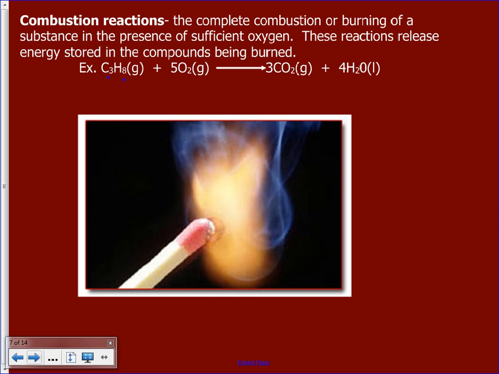So anytime you have a compound that has carbon and hydrogen in it reacting with oxygen, you're burning something. You're burning it, and you are producing what is produced in every single combustion reaction. It does not matter what you start on fire, you are producing the same things: carbon dioxide and water.